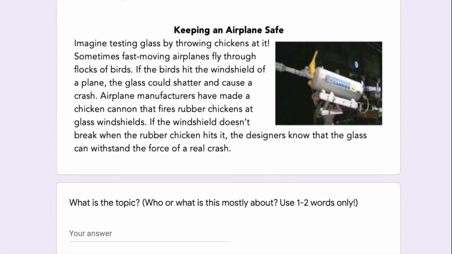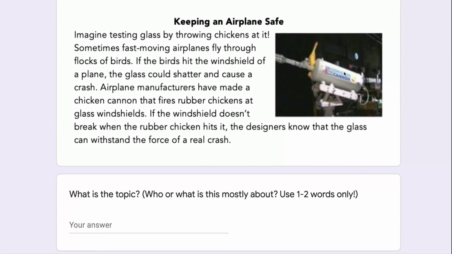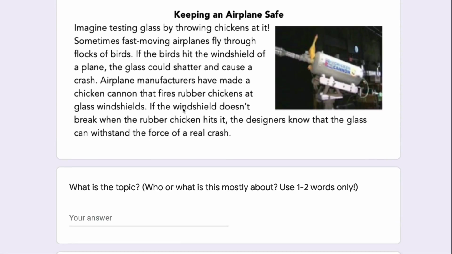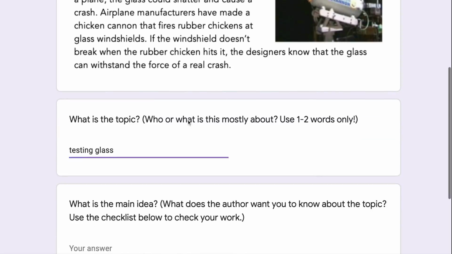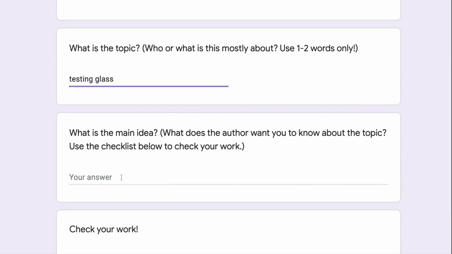Now it's time for me to think about my topic. If I think about the picture, the title, and the text, I think this is mostly talking about testing glass, because the chicken cannon tests the glass to keep the airplane safe.